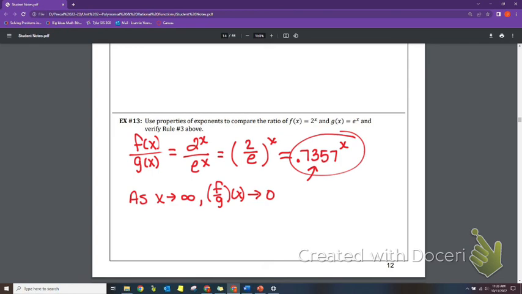All right, if it's approaching 0, then rule number 3 says that 2 to the x is going to grow slower than e to the x, because 2 is less than e.